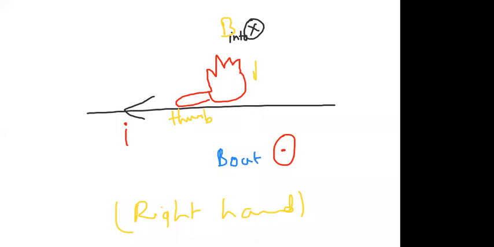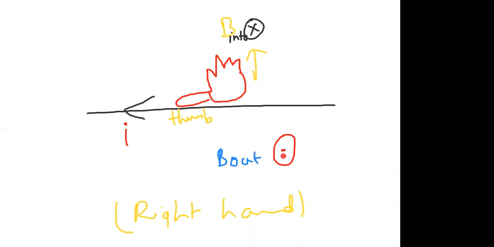What are the remaining fingers showing? Always the remaining fingers show magnetic field into. Just keep this in your notes, don't get confused: keep the thumb in the direction of current, and the remaining fingers show in this direction, so B is into here. And where the fingers are not showing, the direction will be B outside.